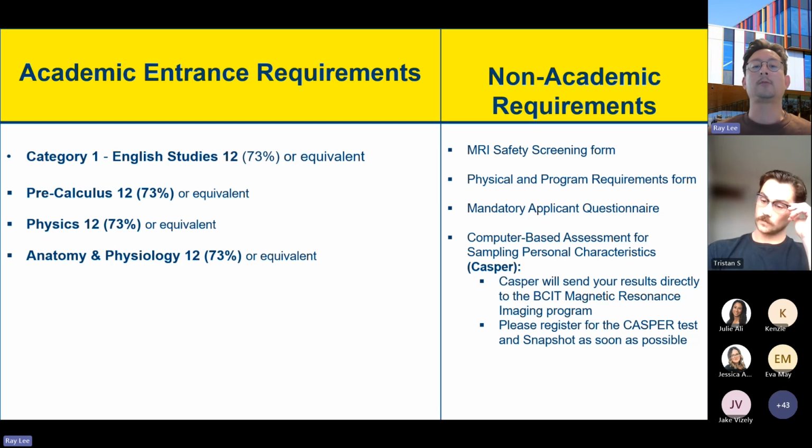We also ask for a mandatory applicant questionnaire. So it's just a chance for us to see who you are, if you've done any research in the field, what your background is. And then you also have the Casper exam that you'll have to sign up for. They have different test dates. So for you to find out which test dates and options you have, you'll have to visit their website.